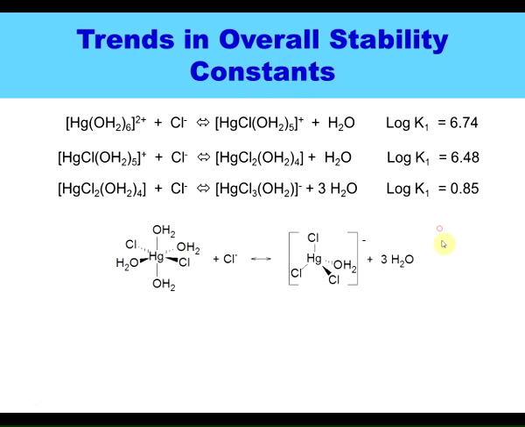So if we look at this reaction, here we're starting off with this mercury complex with the 2 chloride ligands and 4 water molecules. So this is an octahedral complex. When we add that 3rd chloride to the complex, notice how we go from an octahedral complex to a tetrahedral mercury complex. So this is why looking at some of these stepwise formation constants can give us some information about the mechanism, that something different has happened.